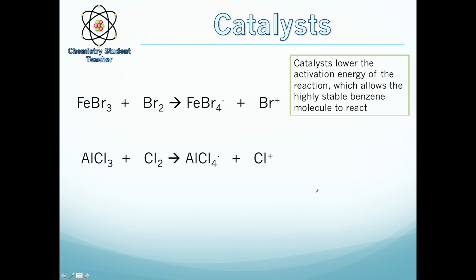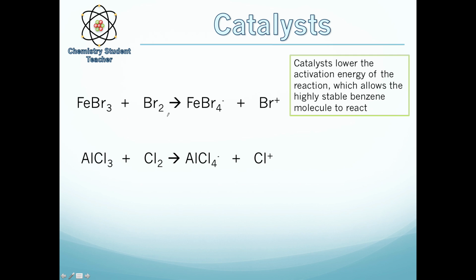Now there are three steps to this type of reaction. First of all is using a catalyst to create the electrophile. Then there's the reaction mechanism, and then there's regaining the catalyst. So we look at the first step, which is using catalysts to create the electrophile. Catalysts lower the activation energy of reaction, which allows the highly stable benzene molecule to react with something because it forms this electrophile.